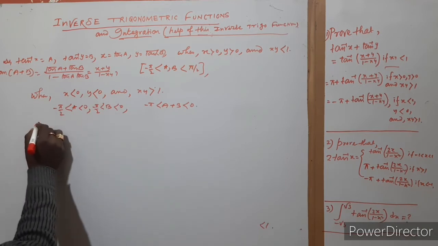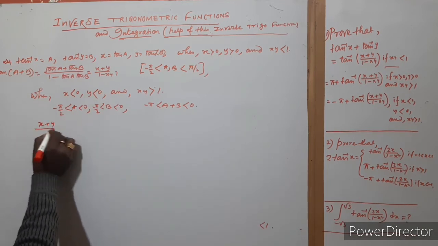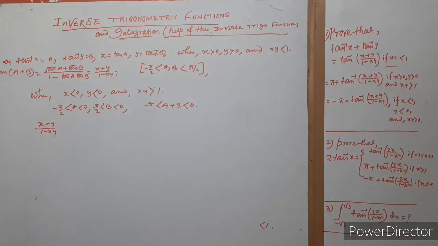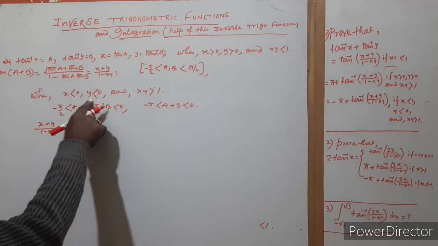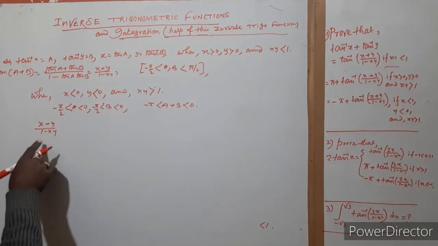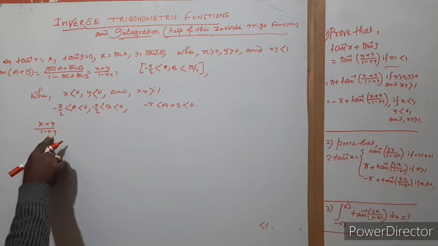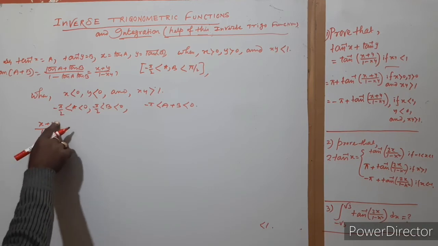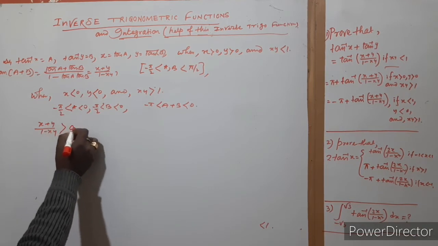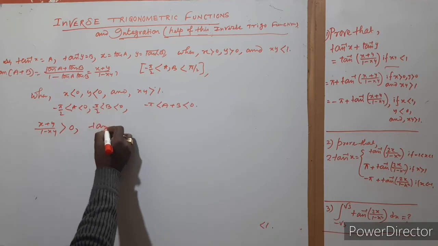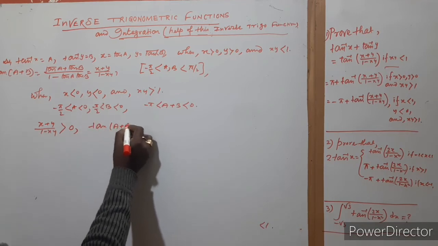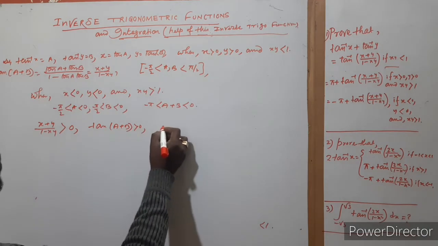Now (x plus y) by (1 minus xy). See, the numerator is less than 0 and the denominator is also less than 0, since xy is more than 1, so negative over negative is positive. So tan of (a plus b) is more than 0.